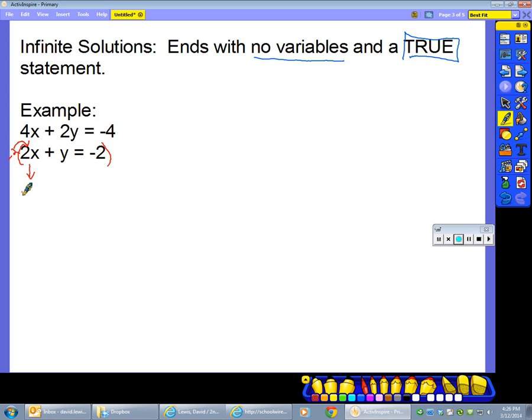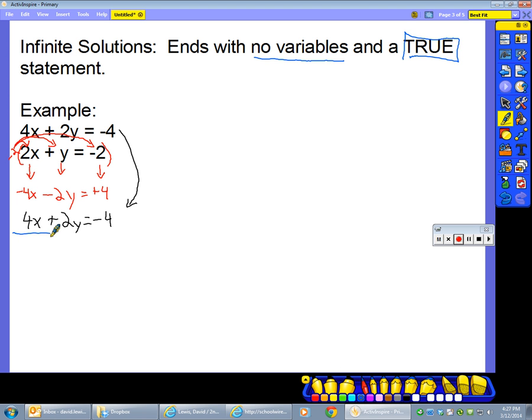A negative 2 times 2x is a negative 4x. A negative 2 times a y is a negative 2y. And a negative 2 times a negative 2 is going to be a positive 4. I'm going to bring this first equation down and write it with my second equation, just so everything's lined up nicely. So we have positive 4x, positive 2y, and a negative 4.